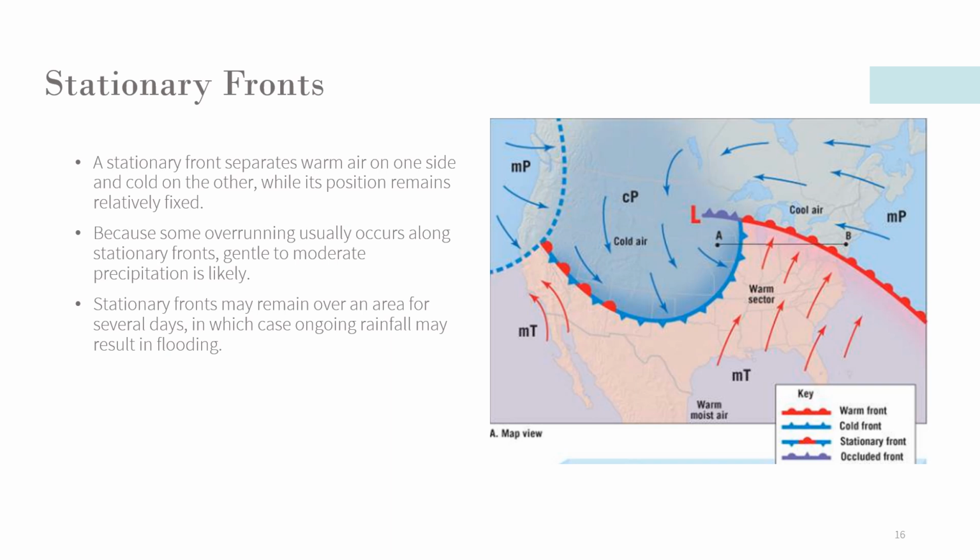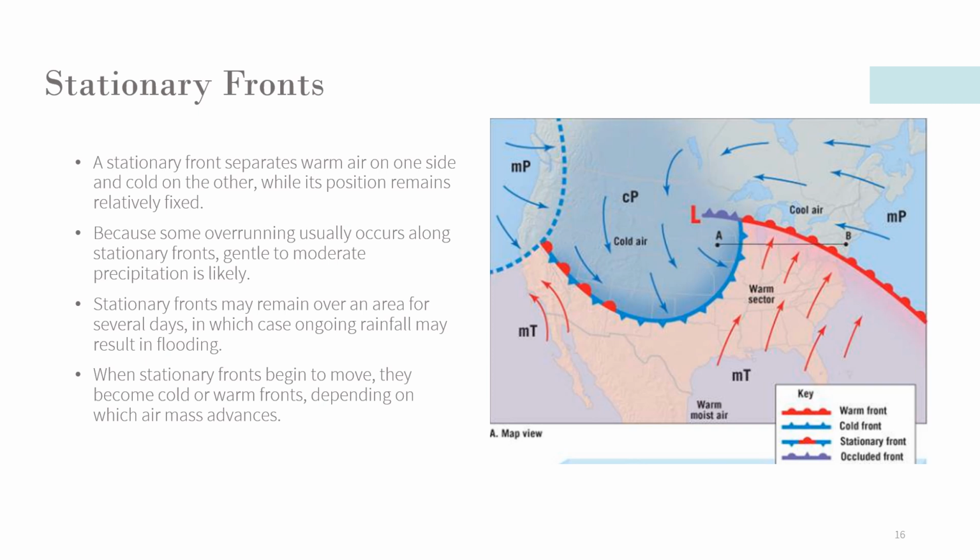That means in this case, there will be ongoing rainfall that may result in flooding since it remains over an area for several days. And when stationary fronts begin to move, they become cold or warm fronts, depending on which air mass advances. So that is for the stationary front. They could become a cold front or a warm front, depending on which air mass advances to the other.